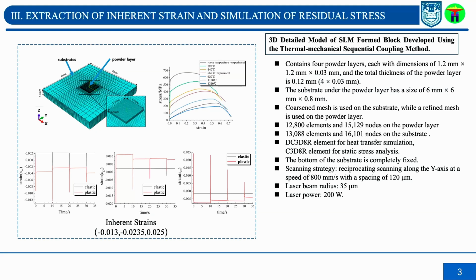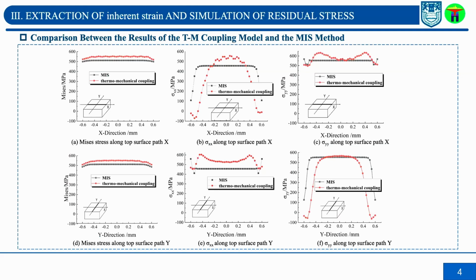The inherent strain is extracted from the point at the center of the blocks. This figure shows the elastic and the plastic strain at the center point. We can obtain the inherent strain of this point following the equation mentioned above, and we can apply this inherent strain into the model developed with the MIS method.